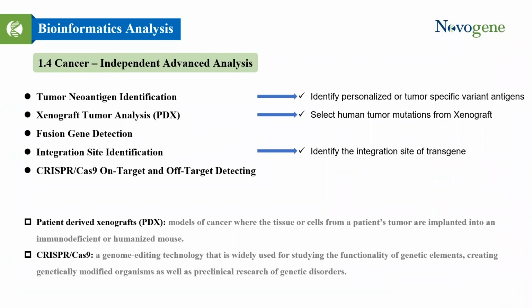Besides, we use integration site identification to identify the integration site of transgenes. We also offer fusion gene detection and CRISPR-Cas9 on and off target detection to support your needs with different research purposes.